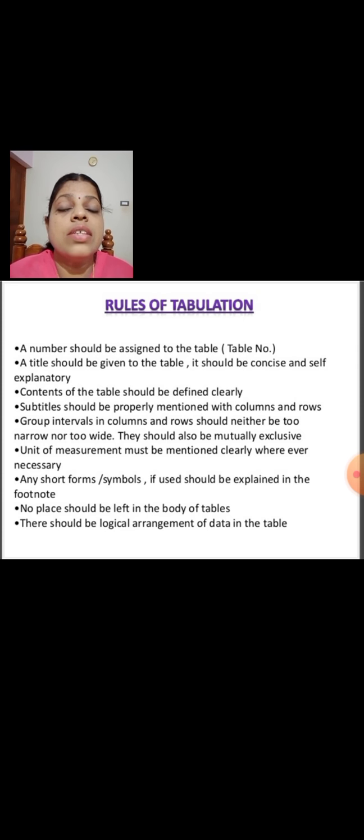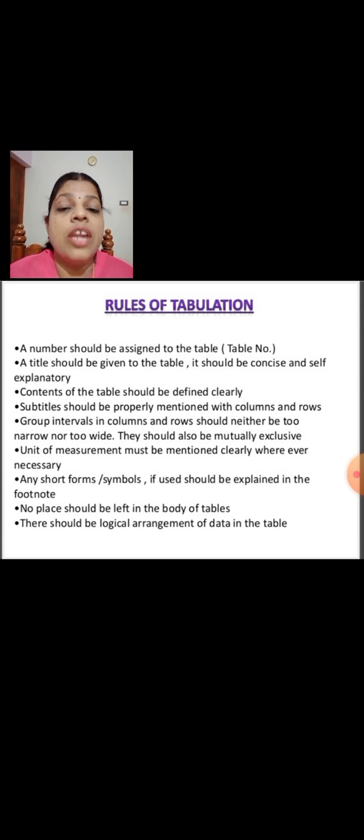And I told you that we are forming the data for different purposes. So if we give a proper title to the table, it should convey to the reader for what purpose we have formed that table. A proper title should be given to the table, and it should be concise and self-explanatory.